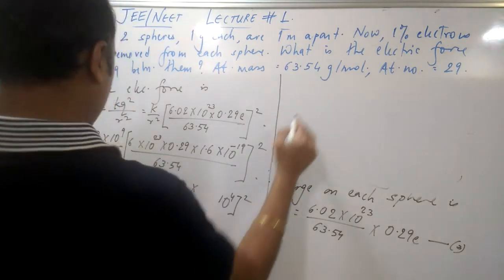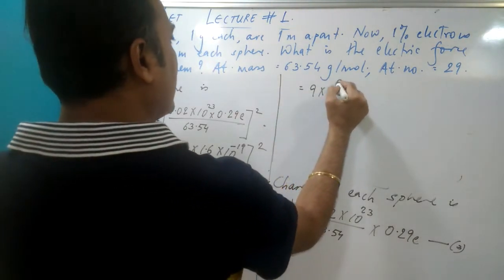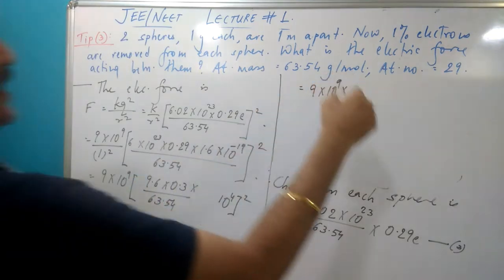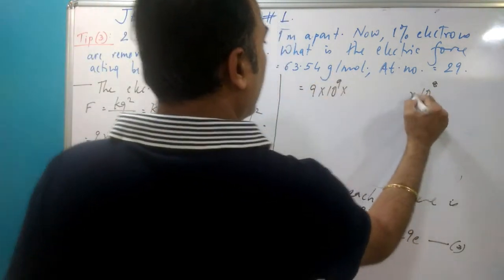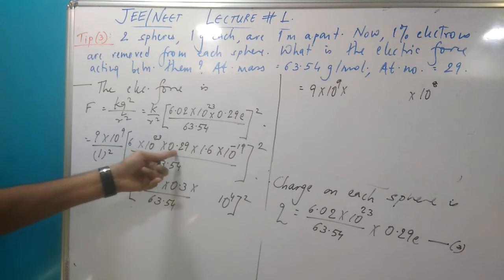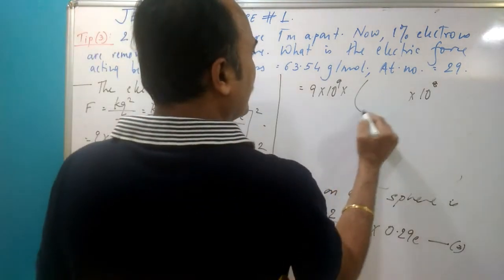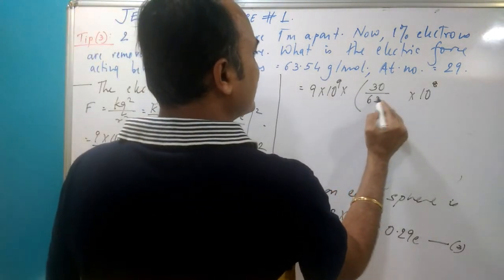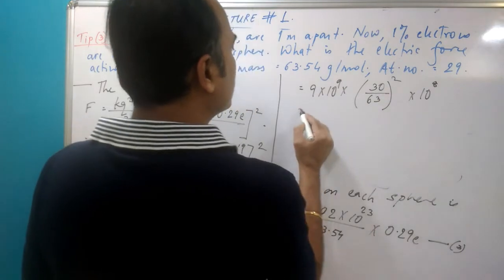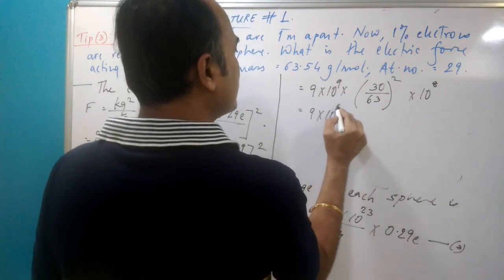So this is 9 into 10 raised to 9, and 10 raised to 8 came out here, and 0.29 is 0.3, 6 6s are 36, and 9.6 it was. 9.6 into 0.3 was how much? 6 3s are 18 and 9 3s are 27, 28.8. So 28.8 nearly taken as 30, and this is 63, the whole square. So 9 into 10 raised to 9.